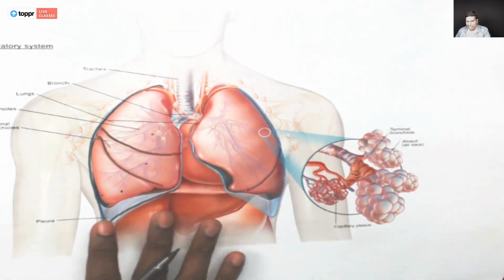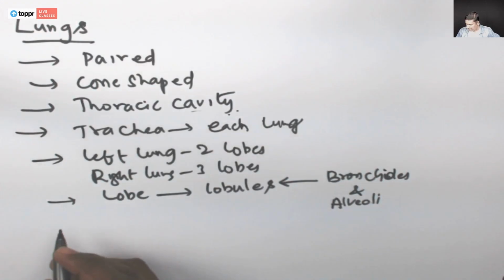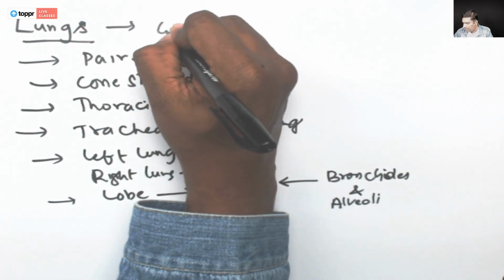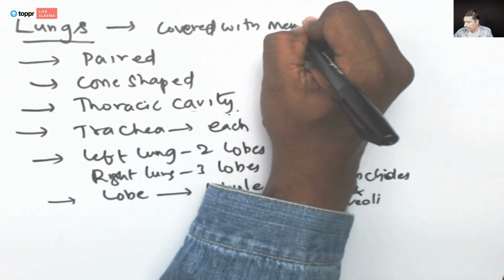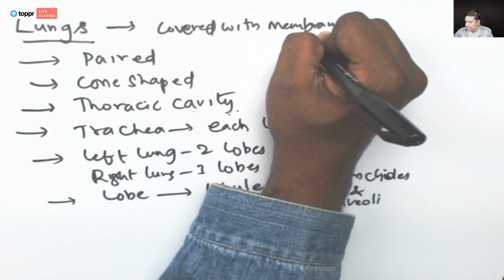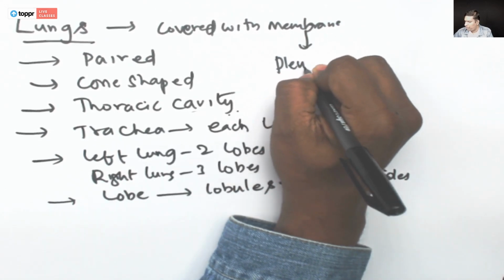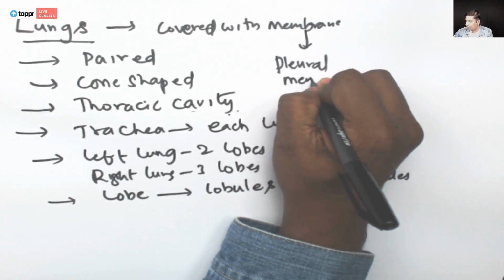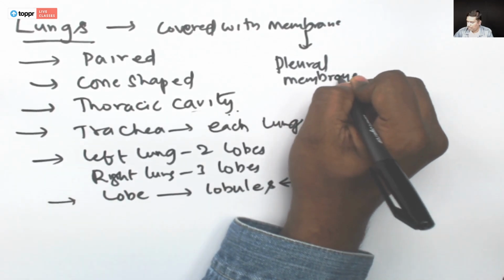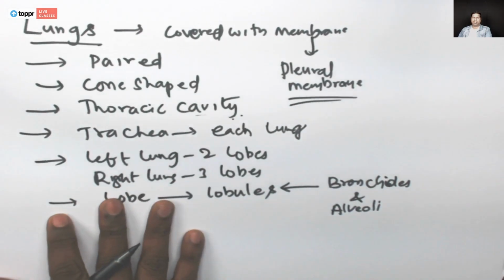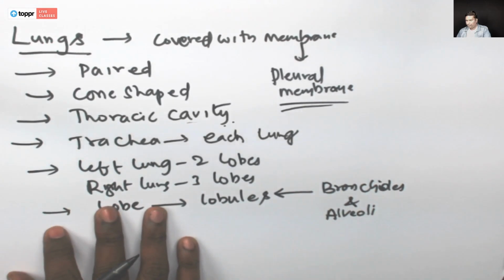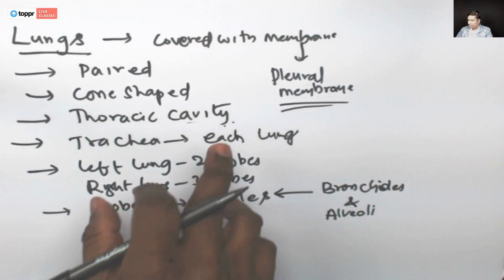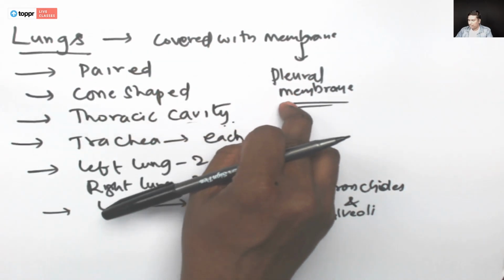So your lung is covered with a membrane, and this membrane that is covering the lungs is called the pleural membrane.